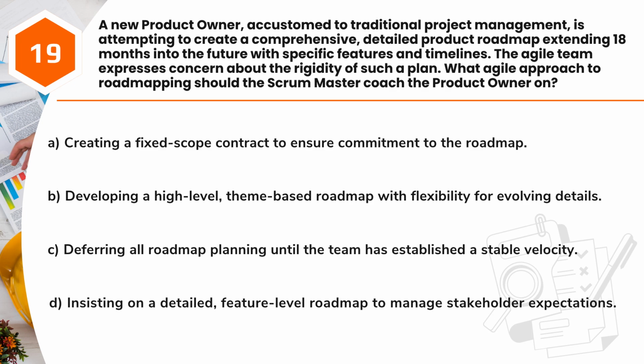A. Creating a fixed scope contract to ensure commitment to the roadmap. B. Developing a high-level, theme-based roadmap with flexibility for evolving details. C. Deferring all roadmap planning until the team has established a stable velocity. D. Insisting on a detailed, feature-level roadmap to manage stakeholder expectations.